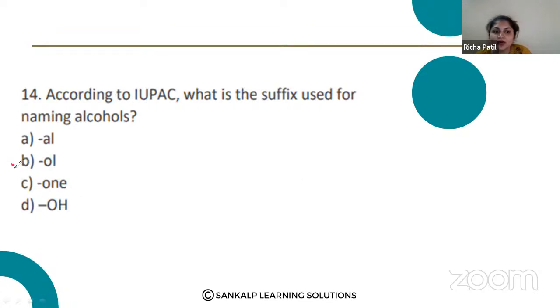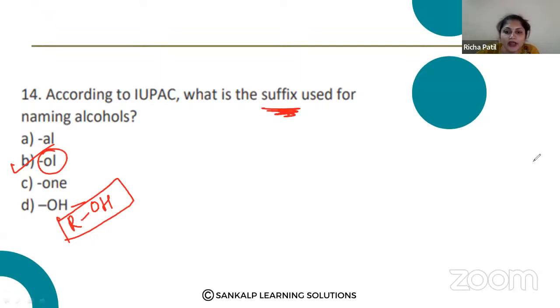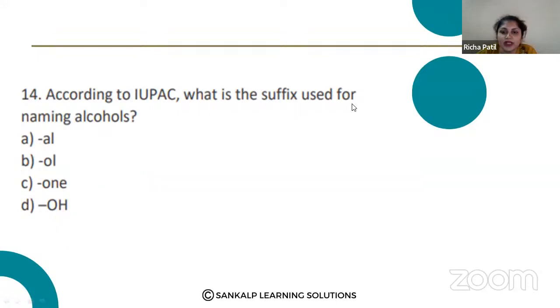OH is the general representation, but we have asked for the suffix here. Alcohols are represented by ROH, but the suffix is -ol. Correct. Pavitra, Saundarya, many have answered it right. We'll go for the next one.